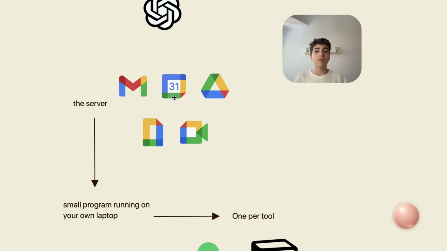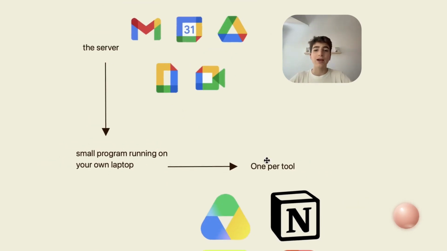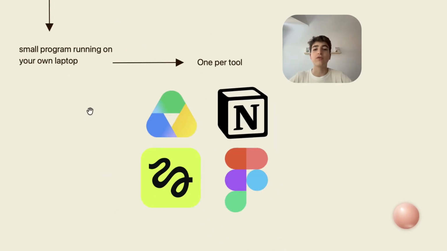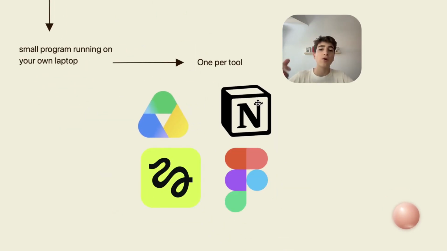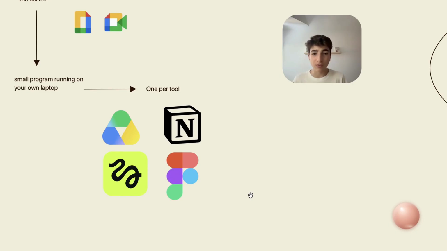Server here doesn't mean a data center, just to remind you. It's a small program running on your own laptop, and it's one per tool. For example, one per Drive, one per Notion, one per Higgsfield, one per Figma. And because they all speak the same fixed format, the Gmail one you installed today works in any app that supports MCP. So it was only done once, not millions of times.